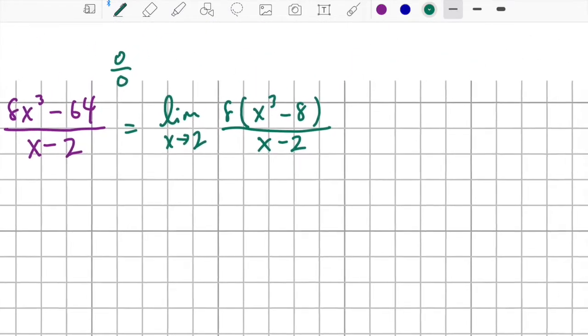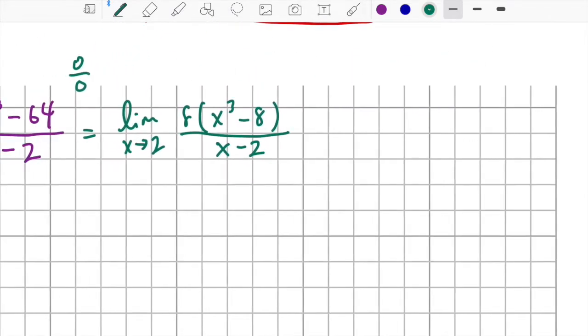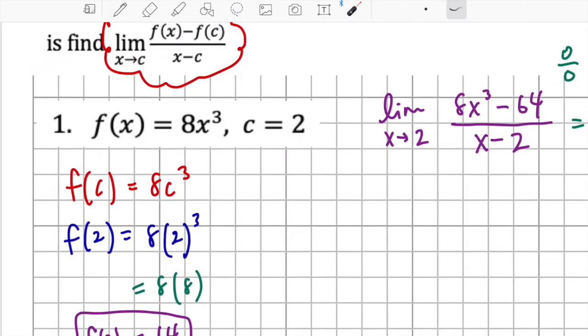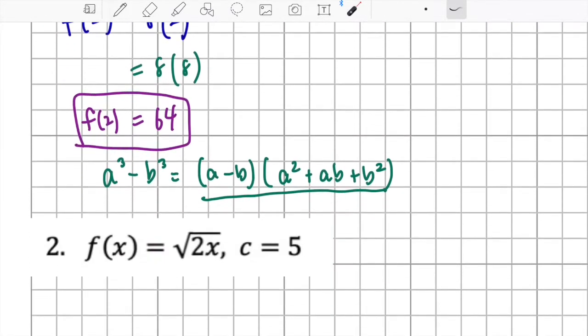So now, if I go here, 8 is the same thing as 2 cubed. So remember that. So it's x cubed minus 2 cubed. And according to this formula, this is going to be our x, and this is going to be our 2.